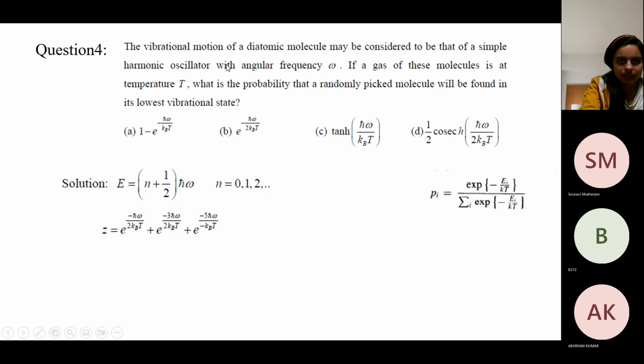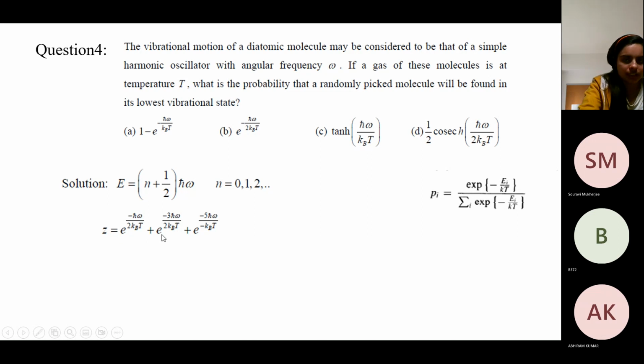Because it is specified by angular frequency omega, the energy levels go like (n plus half) h-cut omega. So you have to define Z by the expression here. It does not end here, it should be plus dot dot dot, so it continues, right? So that gives you the value of the partition function.